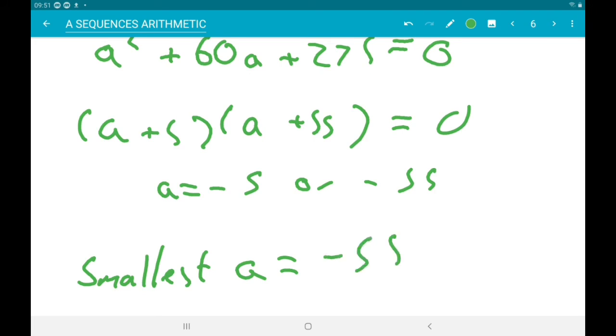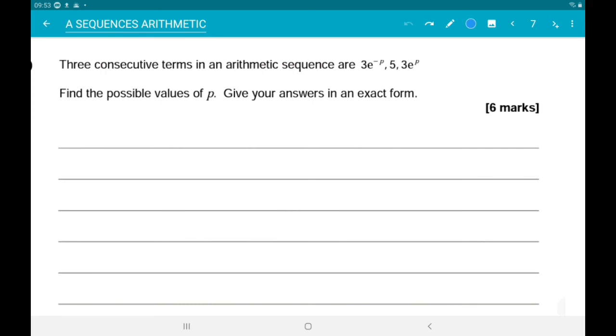A very tricky question. Final question, 3 consecutive terms of an arithmetic sequence are 3e to the minus b, 5 and 3e to the b. We want to find possible values of b, giving our answers in exact forms.